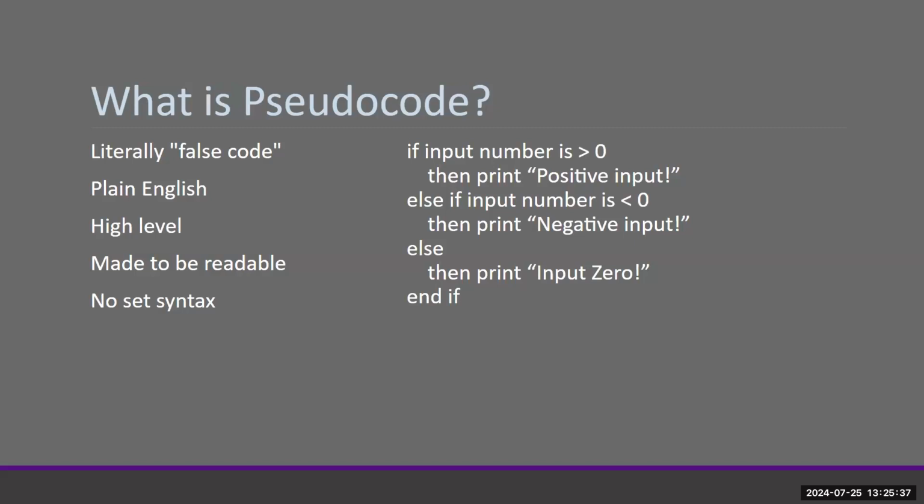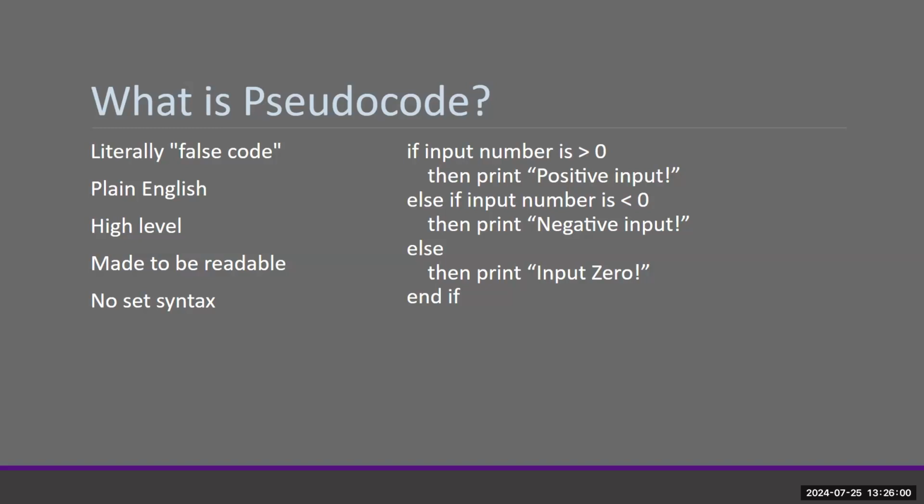It's made to be readable, and it has no set syntax. And that's really important. There are no good set rules on how to make pseudocode because it's meant to just be something readable, sort of like writing a little note about it.